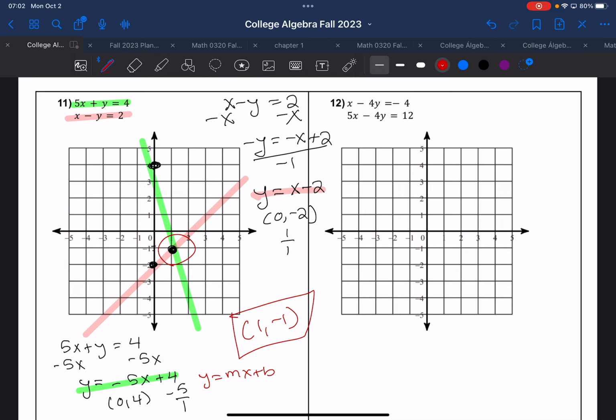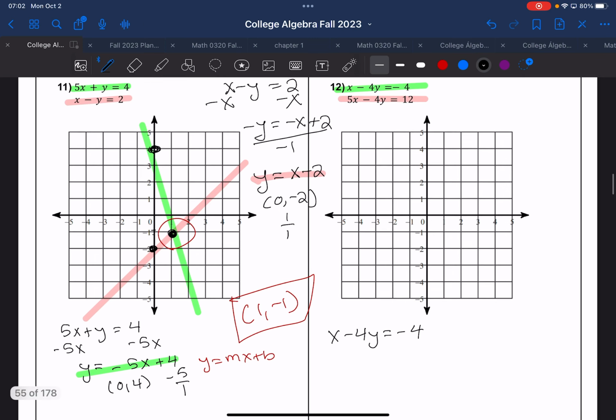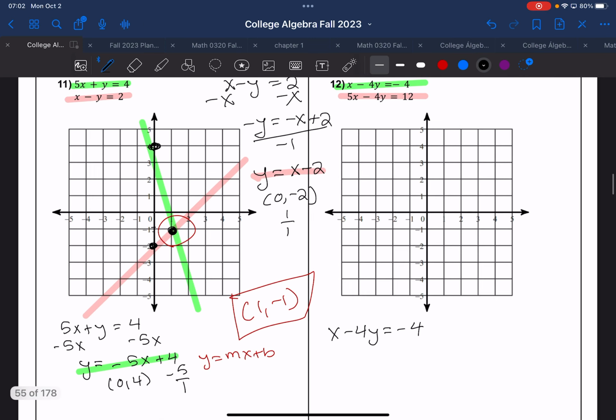So we're going to do the same with 12. Starting with the first equation, x minus 4y equals -4. What do I need to do first to get y by itself? Divide by -4? Oh, not yet. Subtract x.